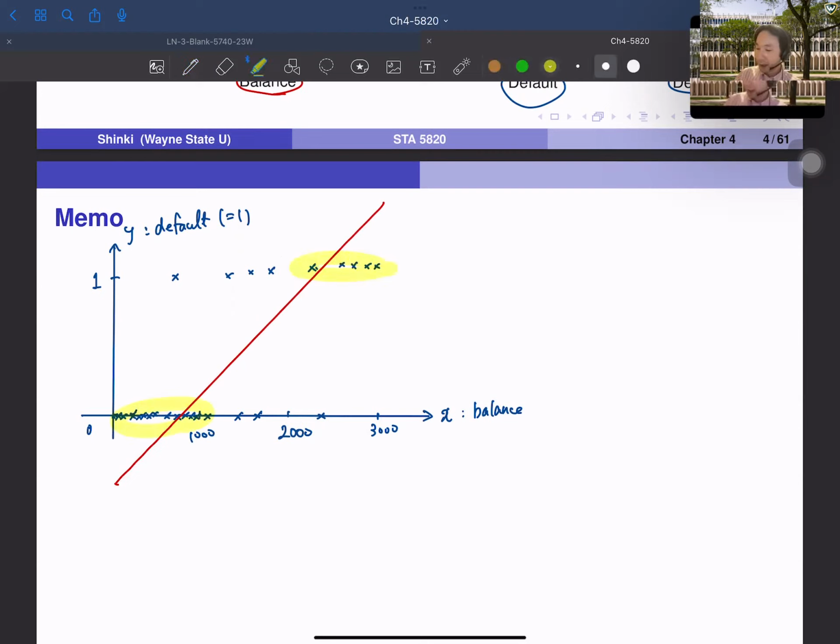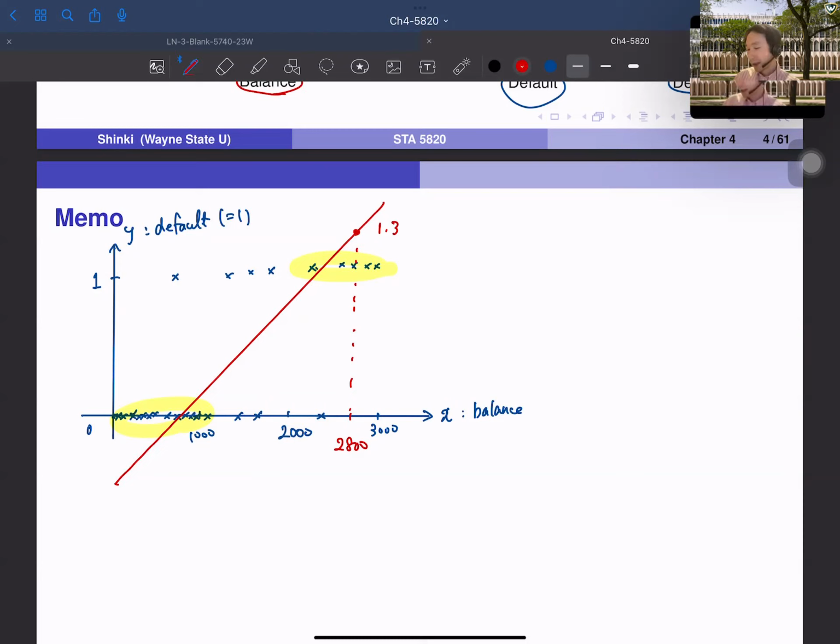But this is obviously a problem. For example, what's the fitted value at 2800 in this graph? The fitted value is maybe 1.3. That does not make sense because we know that the response is either 0 or 1. So 1.3 makes the error size either negative 1.3 or negative 0.3.